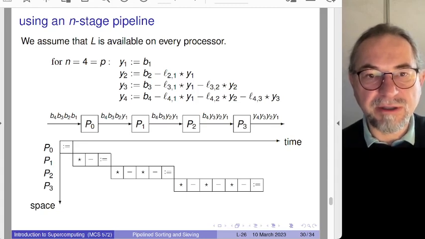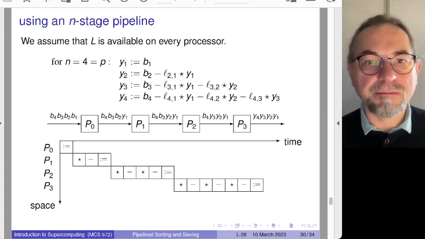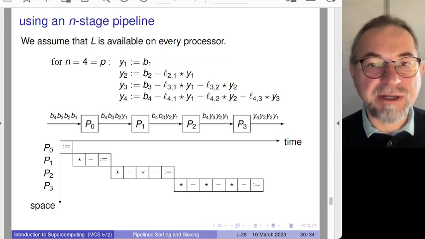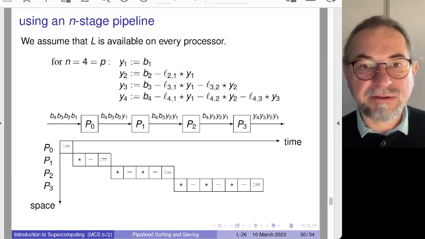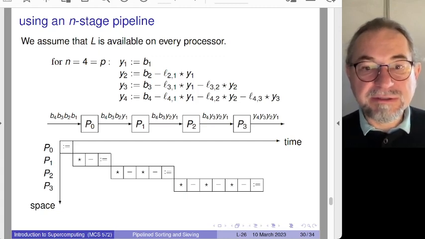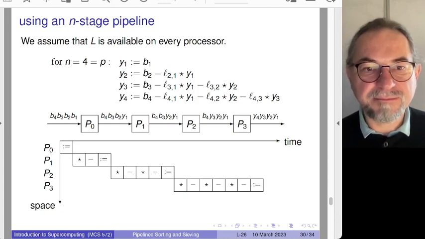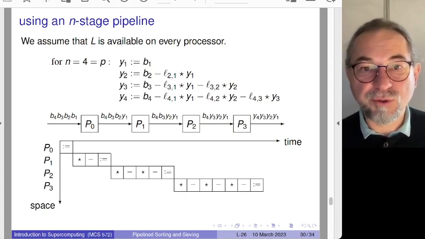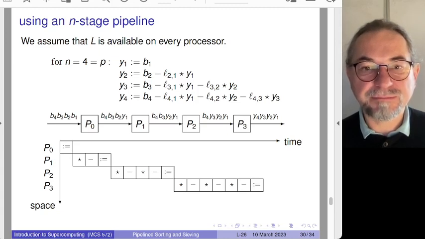One can overwrite the b vector with the components. What actually gets passed through in every step is the entire vector. So you see the stages clearly mapped out, all the operations. The first processor only does an assignment. The second processor does one update. Always the assignment is the last operation.